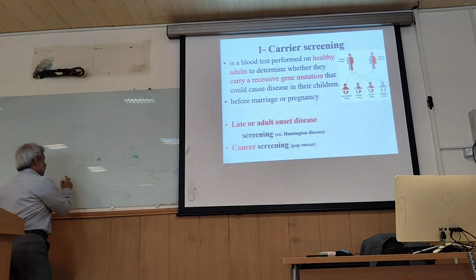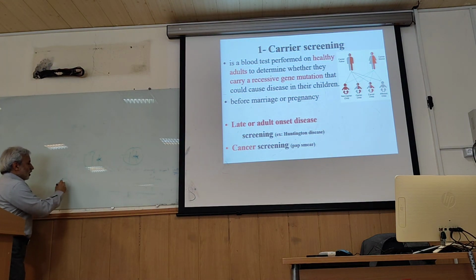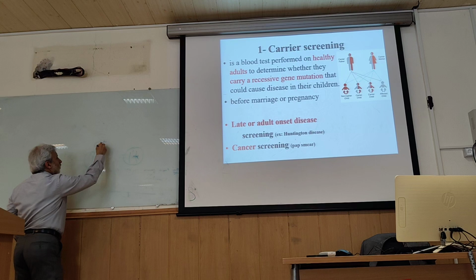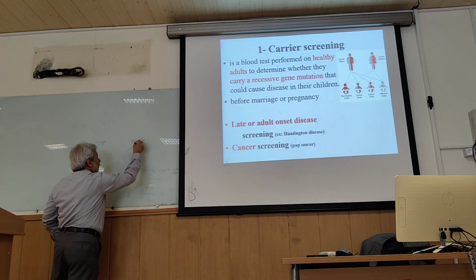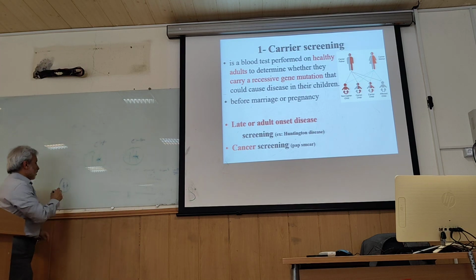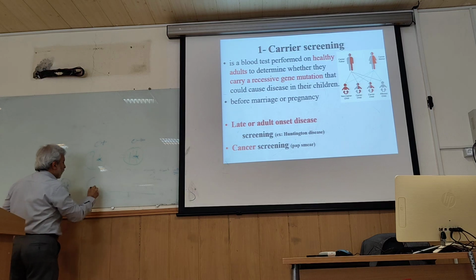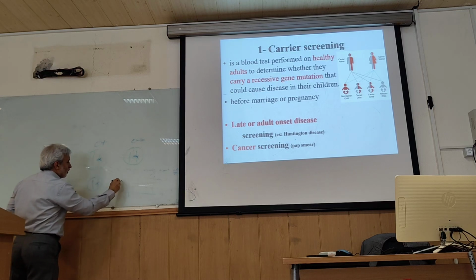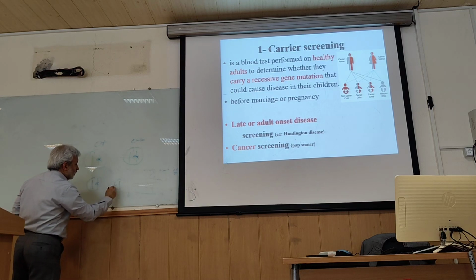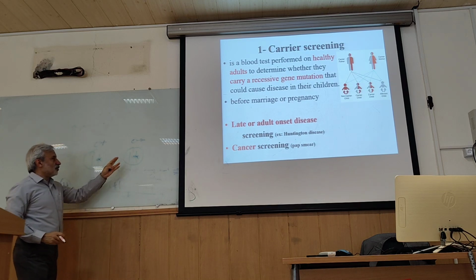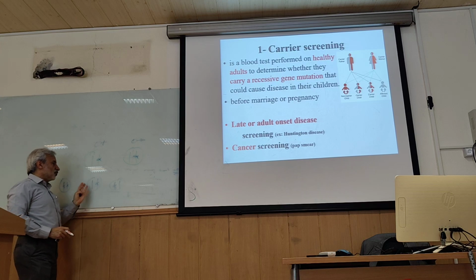One child will absolutely get one mutated copy from the mother and one from the father, both of them, and this is thalassemia major disorder. Another one gets one from the mother or one from the father, with the normal one from the other parent.